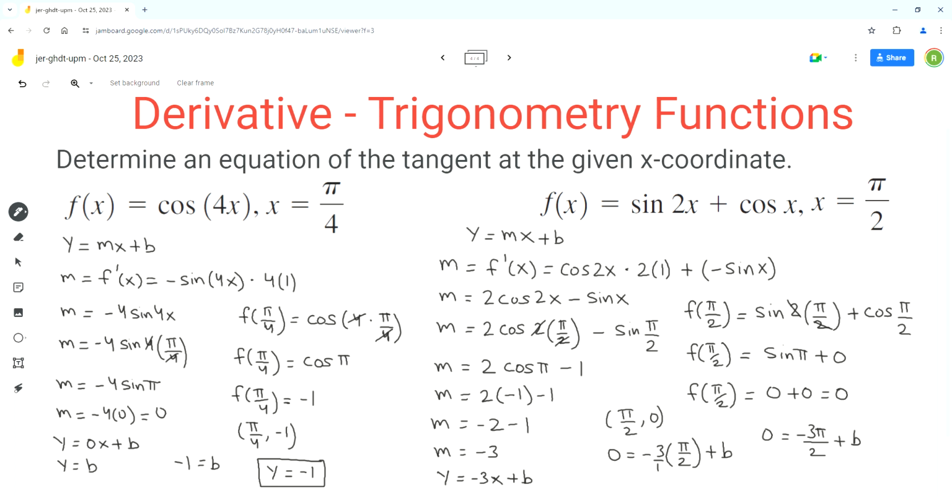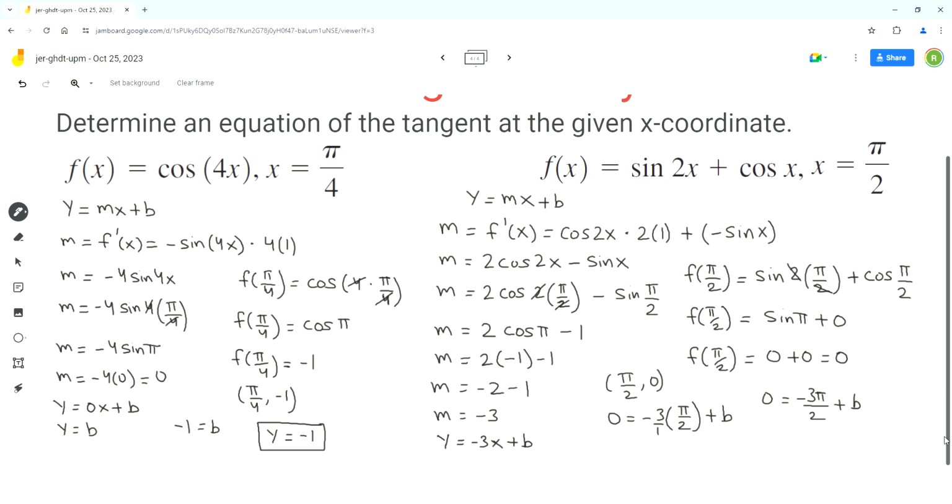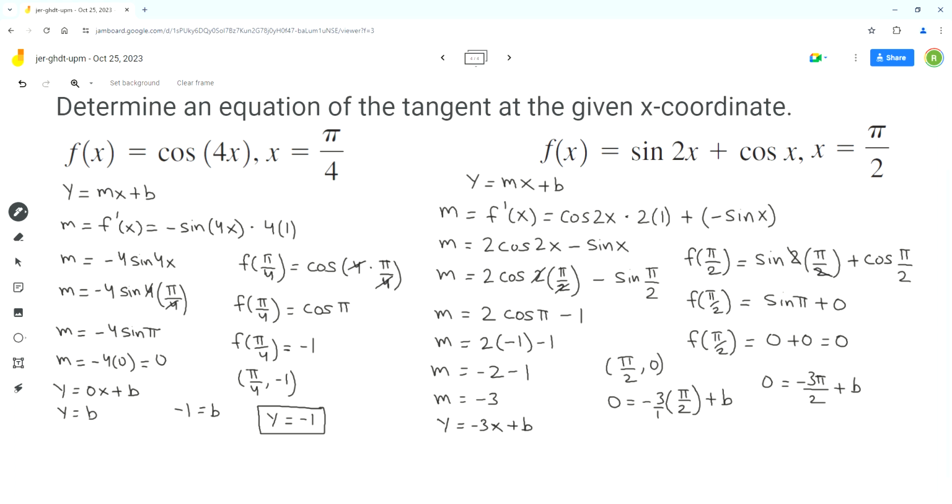And now we can move 3 pi over 2 to the left side. So the negative 3 pi over 2 will become positive 3 pi over 2.